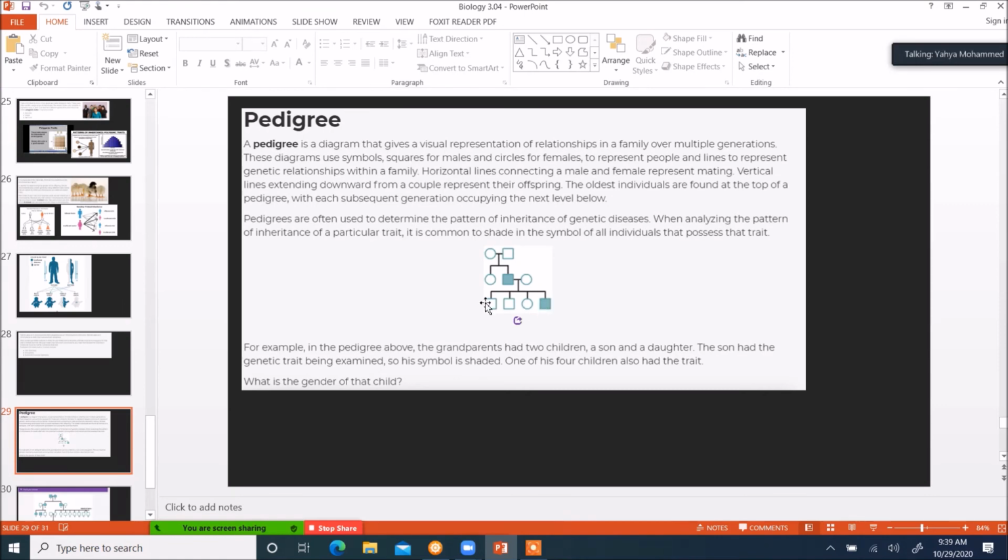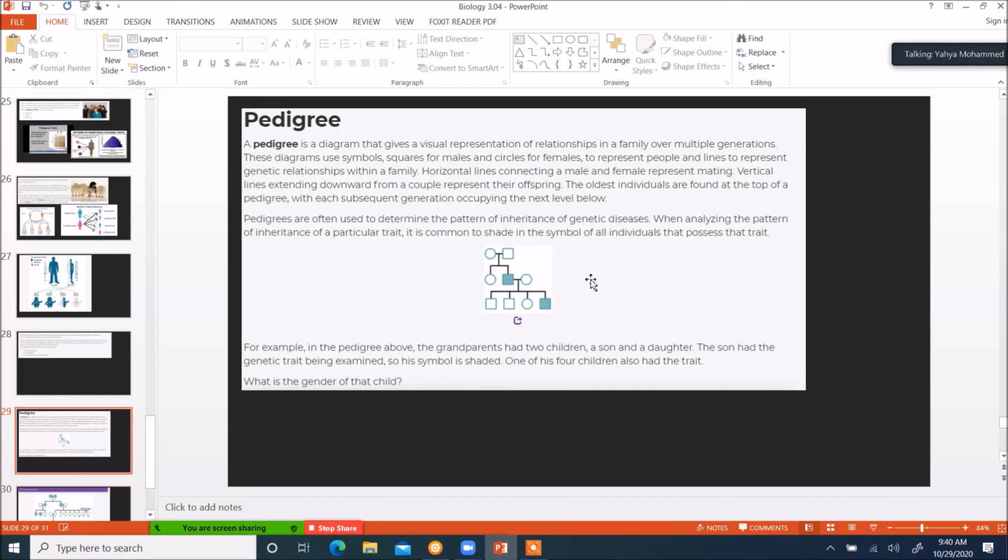Now, can anyone take a look at this and guess, not for sure, but possibly, what kind of disease this could be? Do you guys think that this is a problem in the autosomal DNA, in the X chromosome, or the Y chromosome?